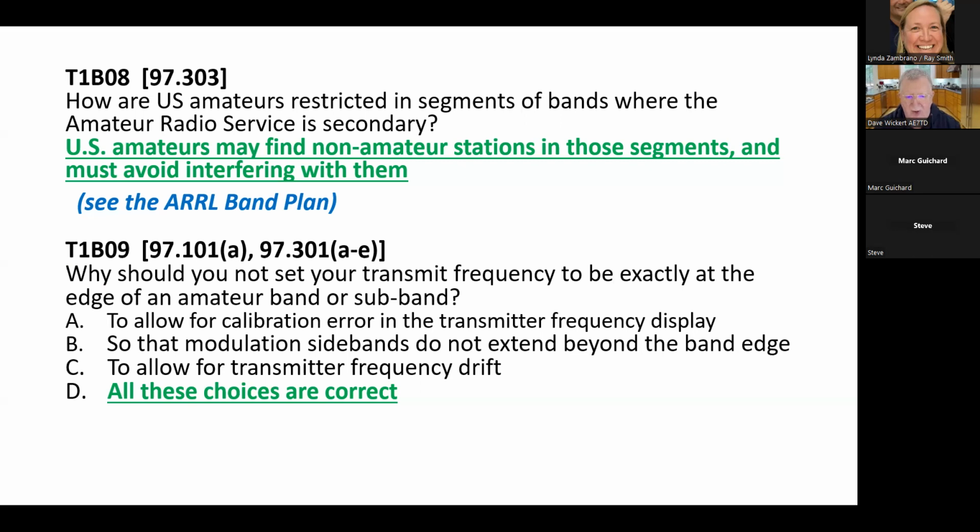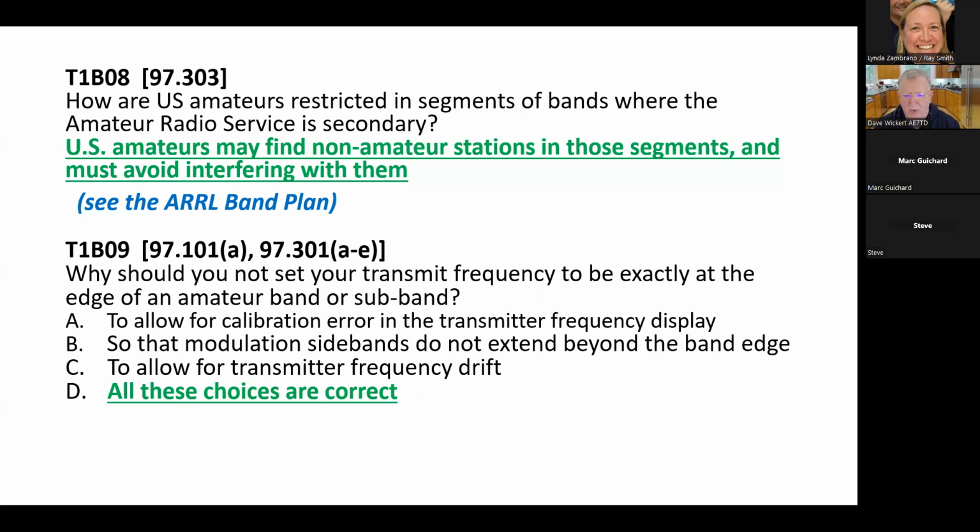Sometimes the modulation subband that you're using could extend beyond the band edge. For example, 6 meters uses upper sideband for its subband. So if you set your frequency right on the edge for your carrier, then you may be transmitting outside of the amateur radio band because you're using upper sideband as the modulation type.